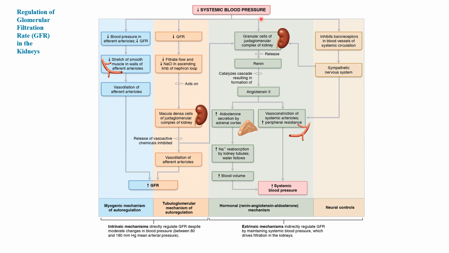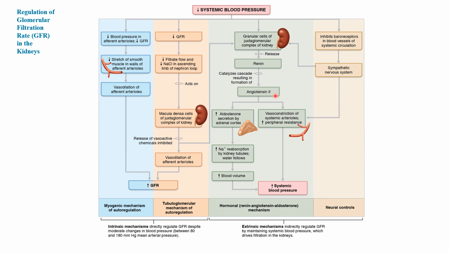Now let's see what's happening in the extrinsic control. When the blood pressure is low, the granular cells of the juxtaglomerular complex of the kidney release renin. And we know the three mechanisms which cause the release of renin. That renin is released by these cells, and this renin leads to formation of angiotensin.